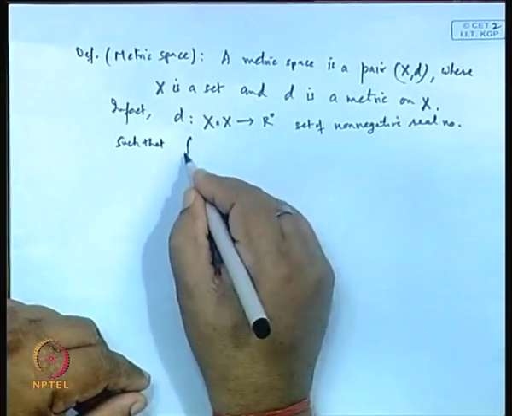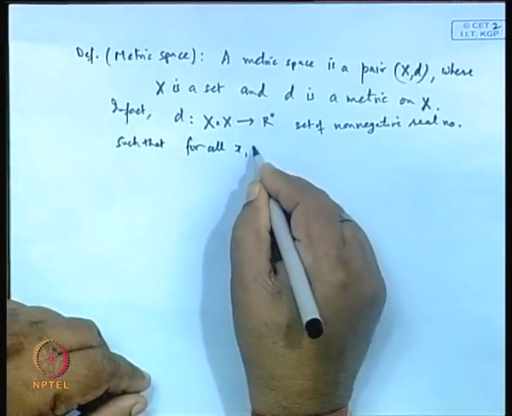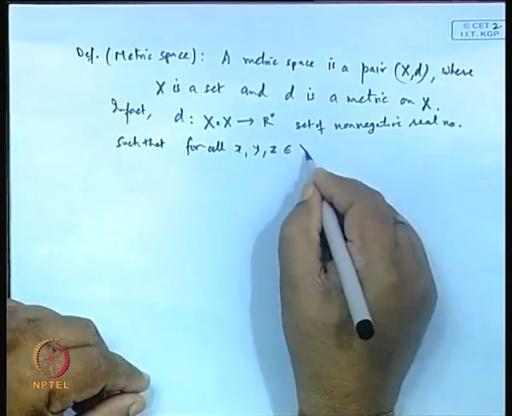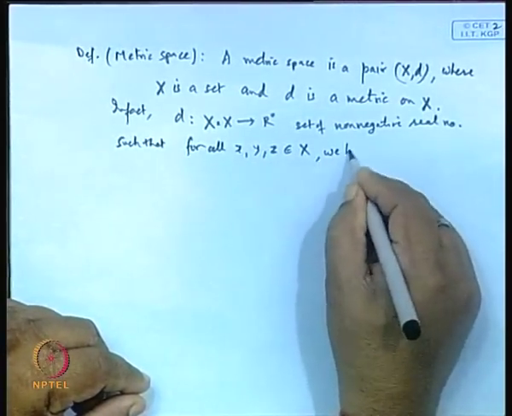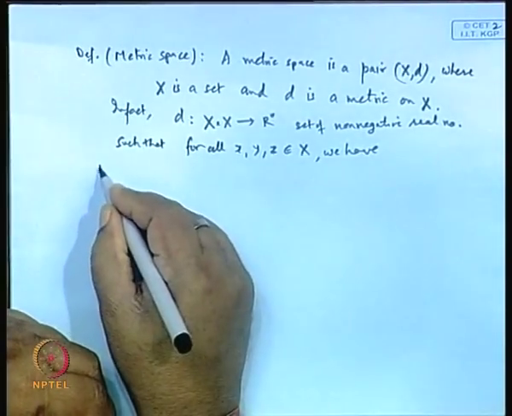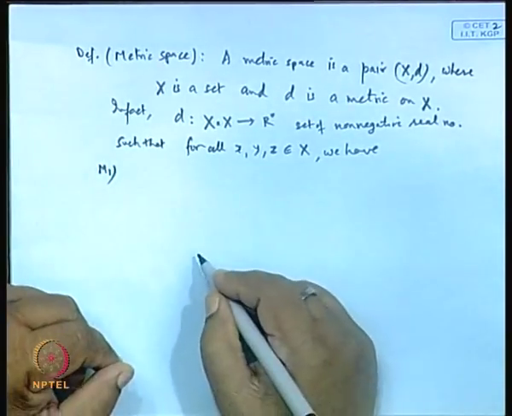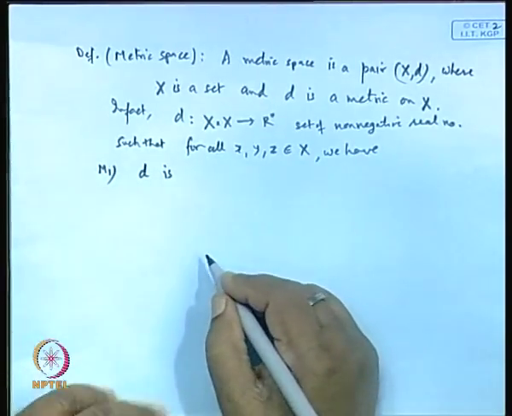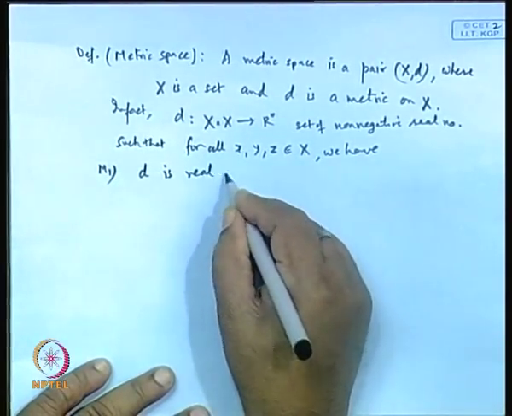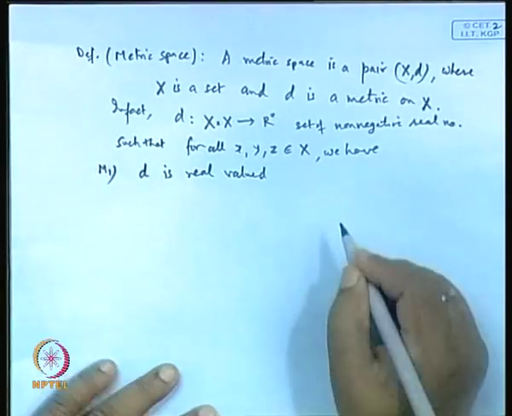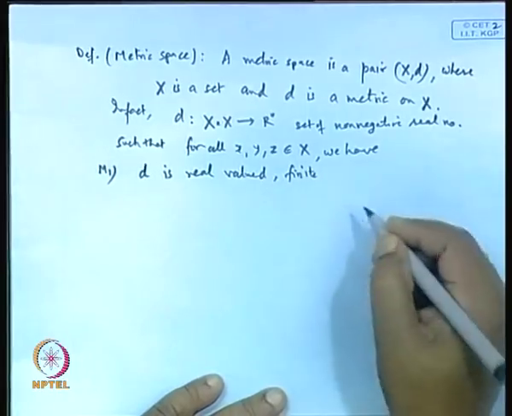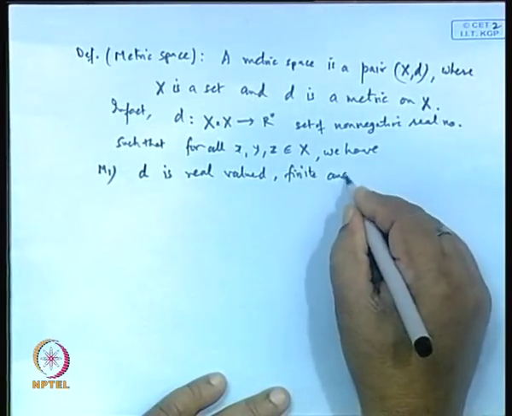for all x, y, z belonging to X, we have, number 1, the function d is real valued, finite and non-negative.